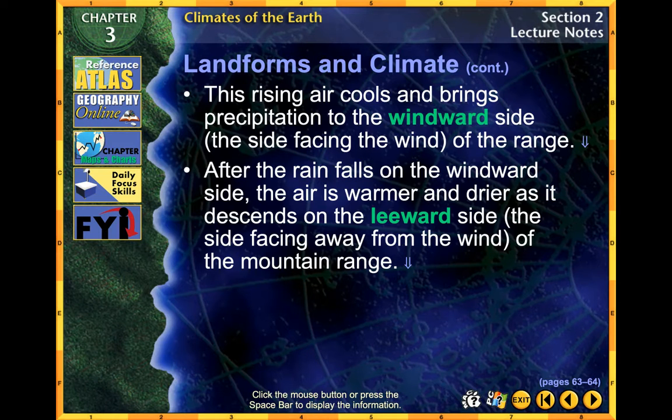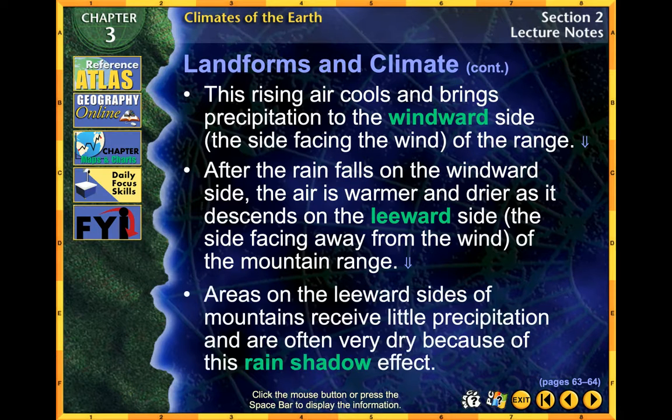After the precipitation is released, winds become warmer and drier as they descend on the opposite or leeward side of the mountain. The hot, dry air produces little precipitation in an effect known as the rain shadow effect. The rain shadow effect often causes dry areas and even deserts to develop on the leeward sides of mountain ranges.